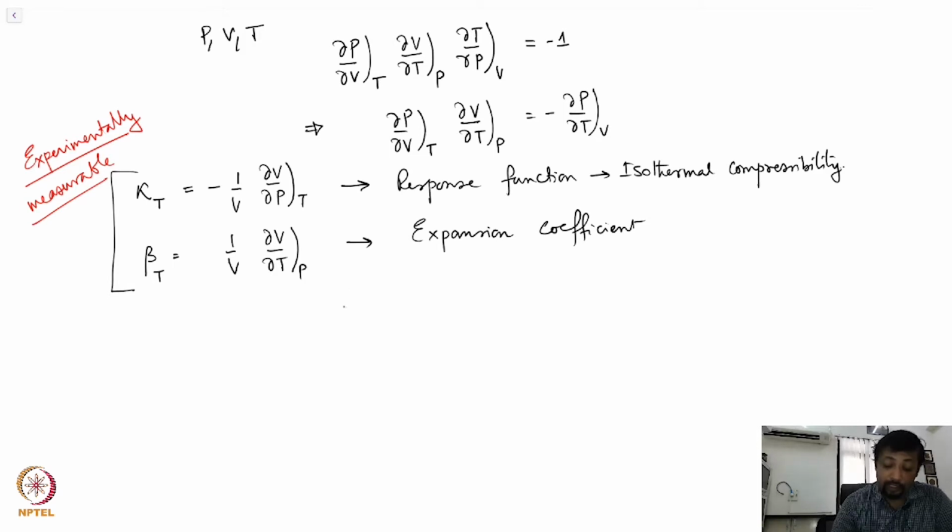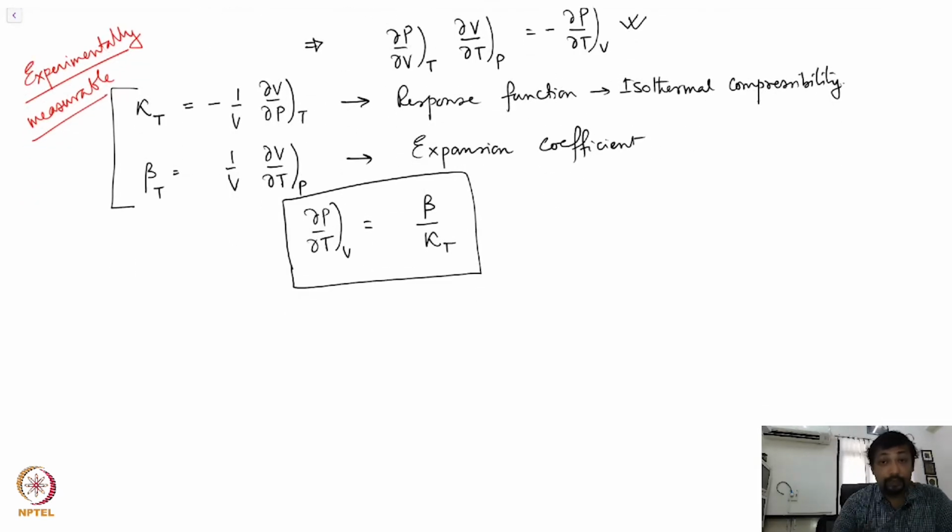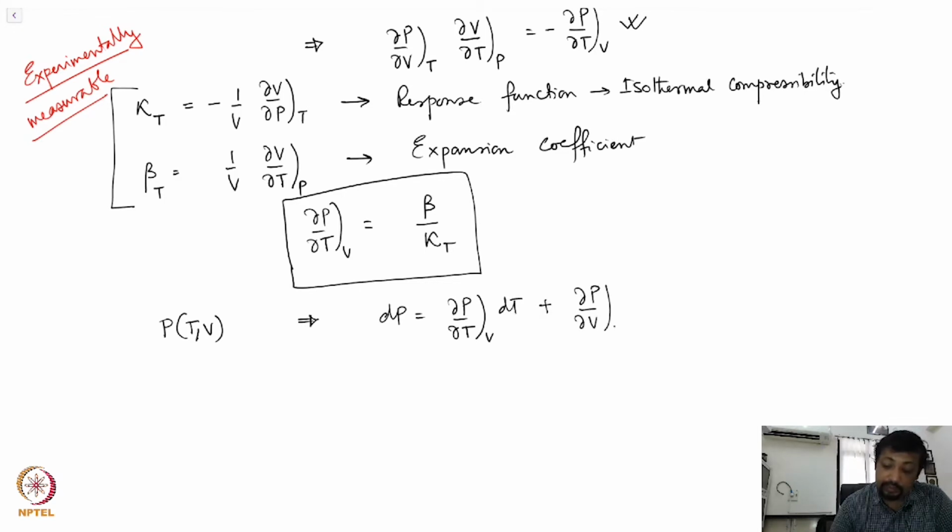If I have this, then I quickly look at the equation that we had written down over here, and then I have del P del T at constant volume is beta over kappa T. We will use this later on several occasions, but the simplest application is this: for any hydrostatic system which is a fluid, if I want to write down P as a function of T and V, then dP is del P del T at constant volume dT plus del P del V at constant temperature dV.